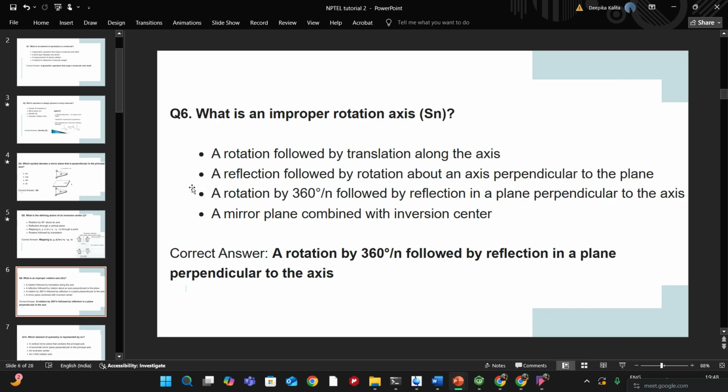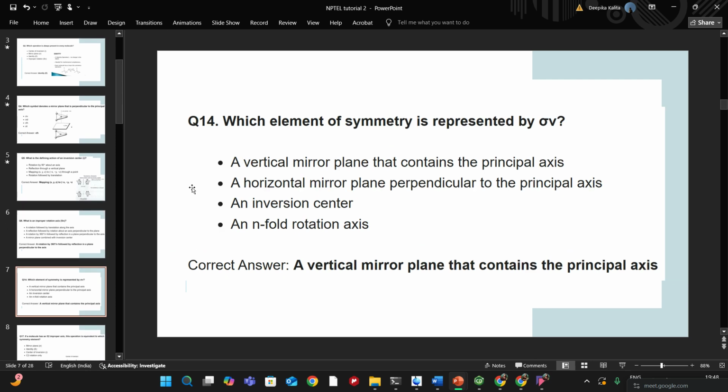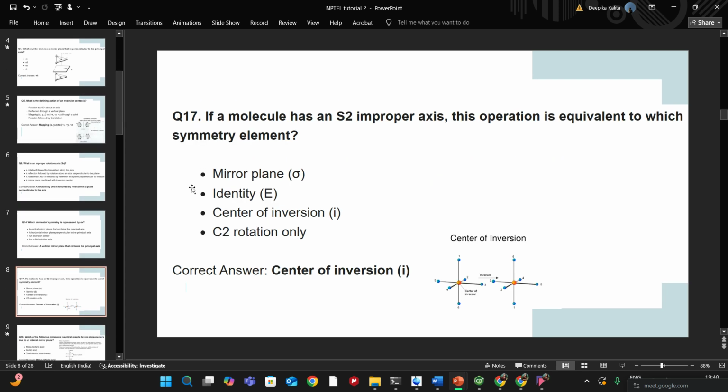Then we also talked about improper rotation of axis, which means rotation by an axis followed by perpendicular to a plane of symmetry. Then we also talked about sigma v plane of symmetry and the equivalent of S2 improper axis, which was the center of inversion.